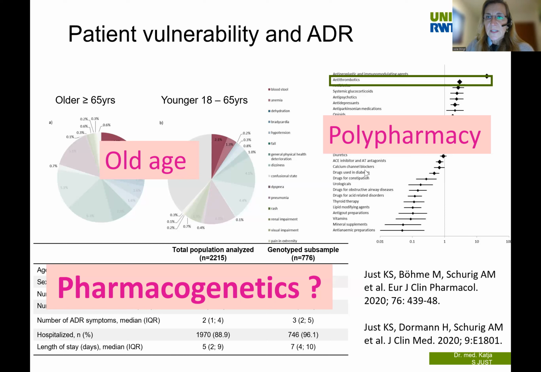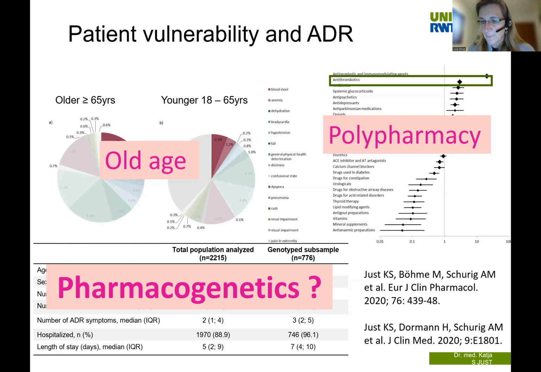Polypharmacy is causing side effects because we have all kinds of drug interactions that may lead to increases in drug concentration, in drug exposure, which then causes a couple of side effects that are all dose related or exposure related. And in addition to polypharmacy, we also face the genetic profile of the patients. And very often this also interacts with the drug interactions, because if a pharmacogenetic variant affects a certain metabolic pathway, this metabolic pathway may be further affected by polypharmacy.